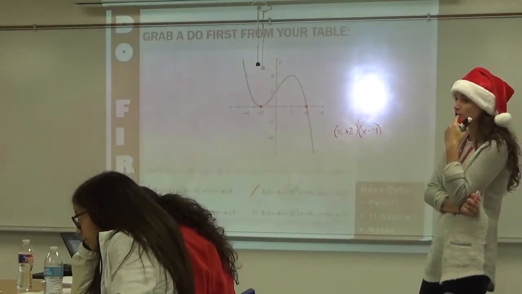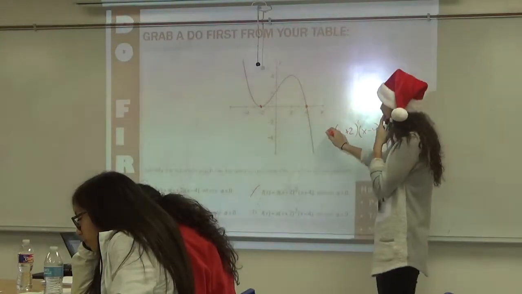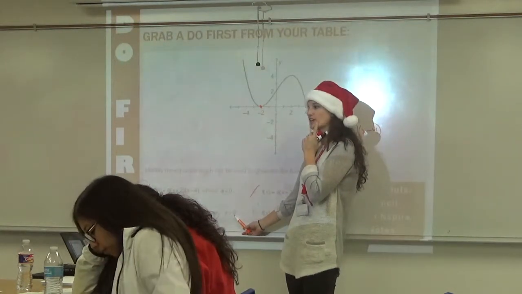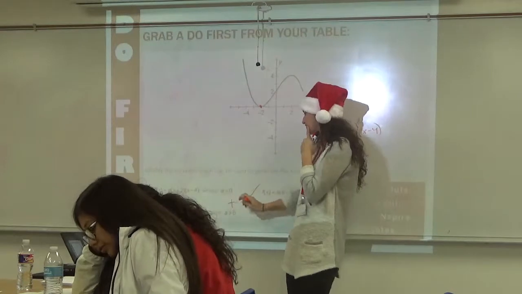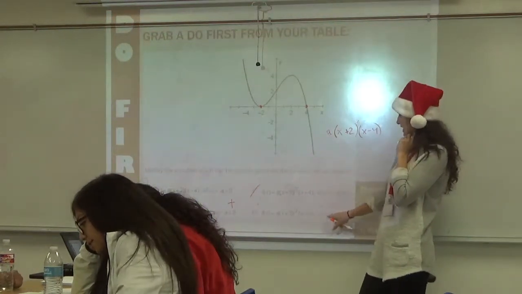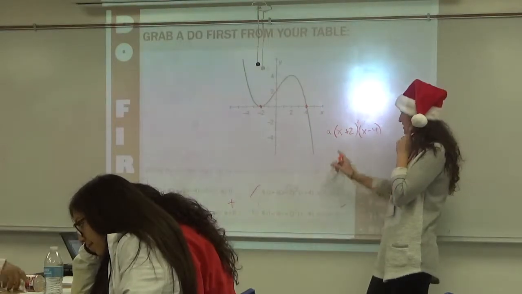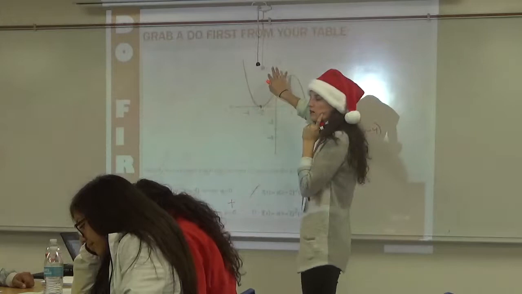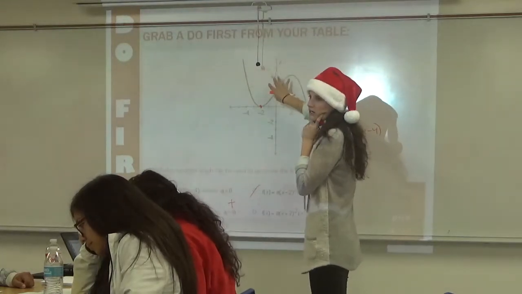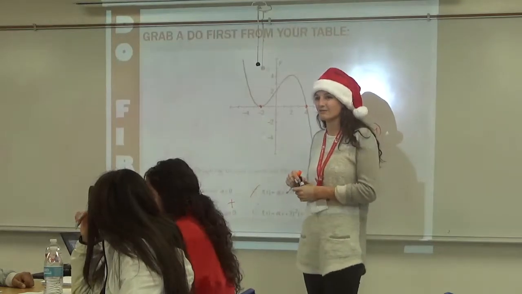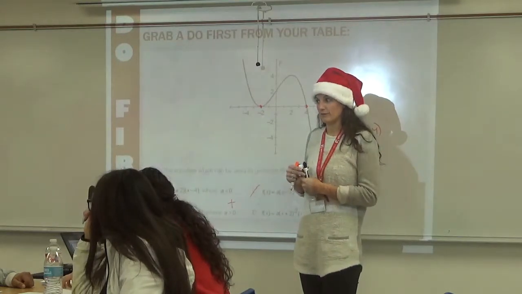Now the difference between B and D is this value up front. If a is greater than 0, they're saying a is positive, and there's a positive in front of this whole thing. If a is less than 0, they're saying it's negative, and there's a negative in front of this whole thing. So that comes into clarifying whether this is an odd, it's odd because it's going 2 different directions, but an odd positive or an odd negative.